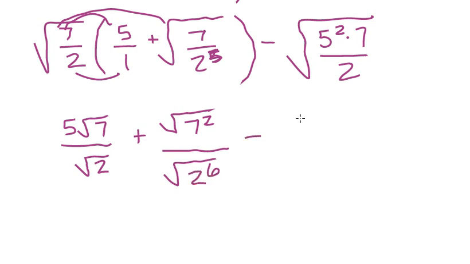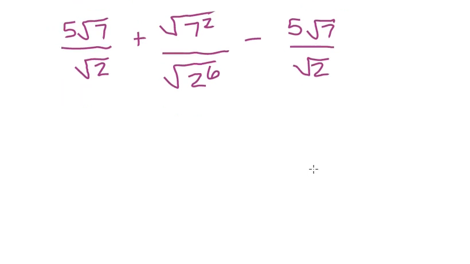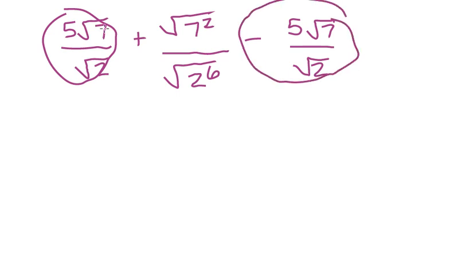And then I am subtracting, no more multiplying. So I can pull out this 5 squared, I can pull out a 5, so this becomes 5 root 7 over the square root of 2. So as you go to look at this problem here, you happen to see that you have 5 root 7 over the square root of 2 minus 5 root 7 over the square root of 2.